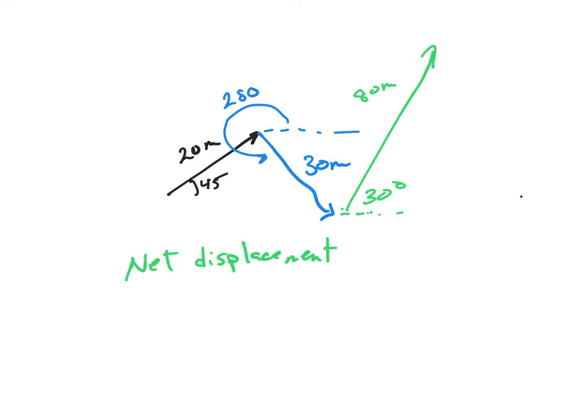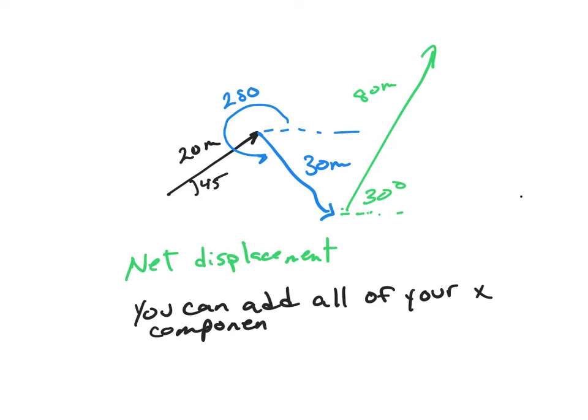So, best approach to this is to break all of our resultants down into components, because if you have your components, you can add all of your x components together to get a net x value.